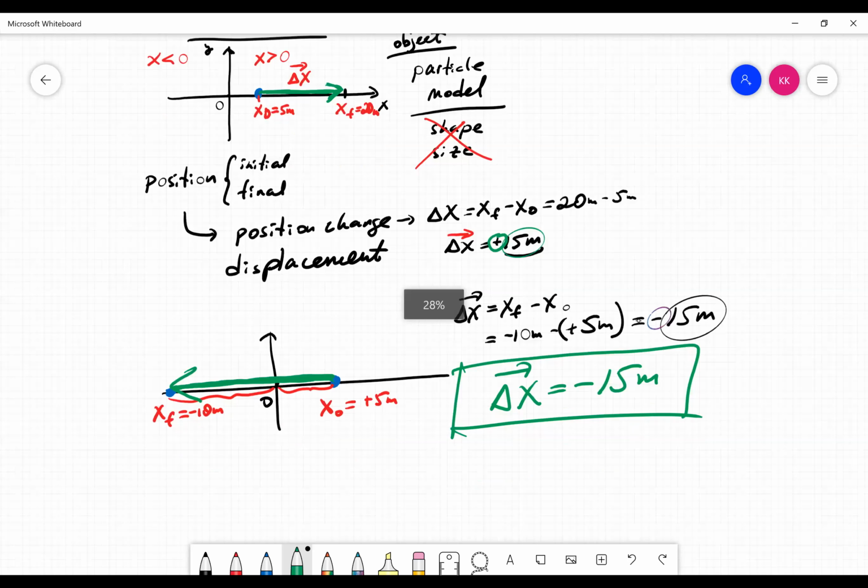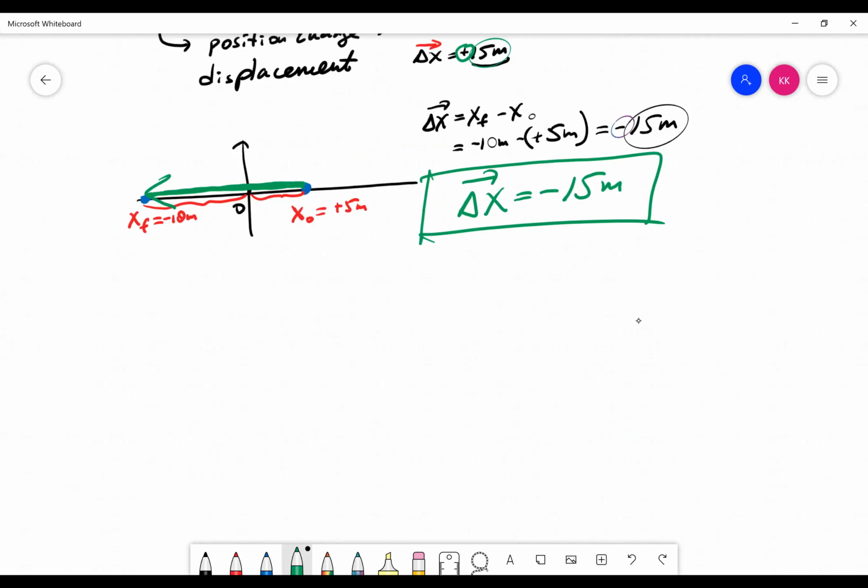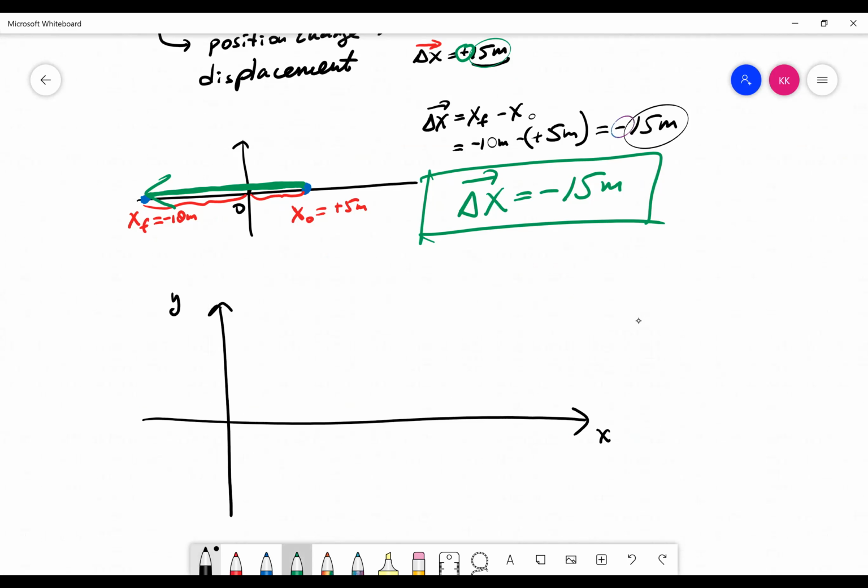One of the things we can have here is also this. Let's say this is our coordinate system, and this is our object, sitting right here.